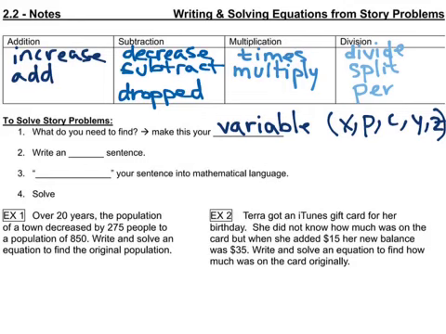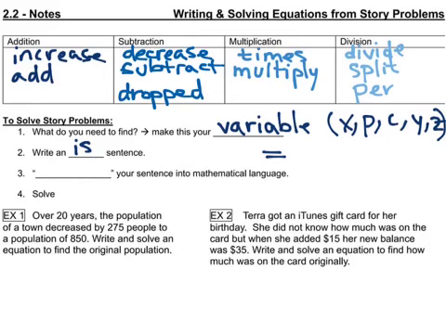And then after that, you're going to write an is sentence. So if you think back to our equations, we always had an equal sign. And so that's what equals, if we translate that to English words, normally it's is.